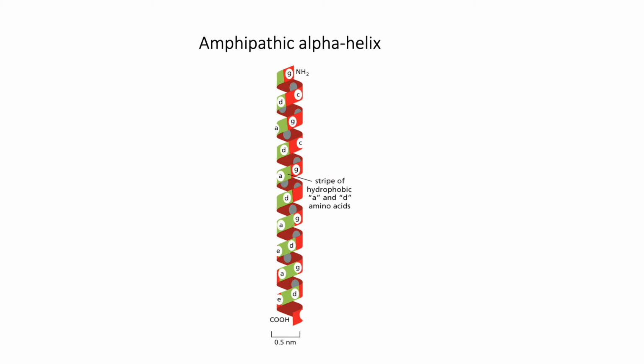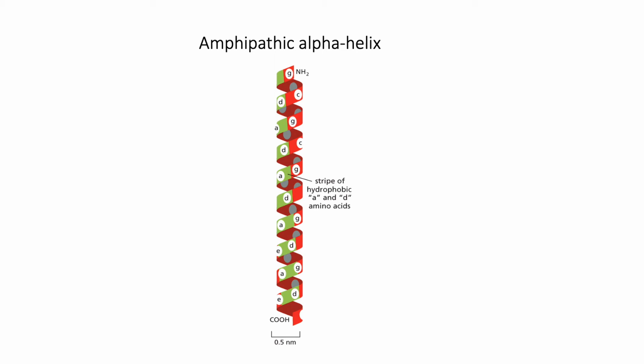But what's unusual about this helix is that it's amphipathic. If you remember when we talked about the hydrophobic and hydrophilic interactions, I mentioned the term amphipathic when I showed you the fatty acids. And amphipathic refers to having dual properties, both hydrophobic and hydrophilic, in different parts of the molecule.